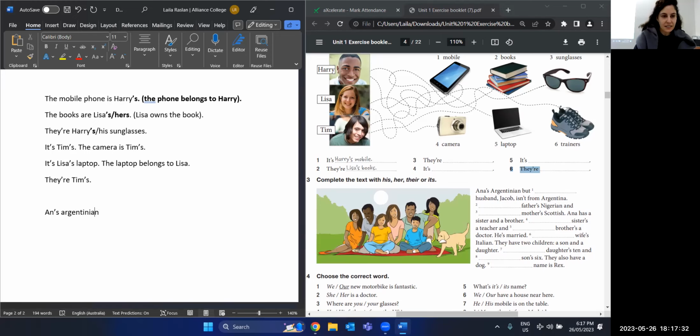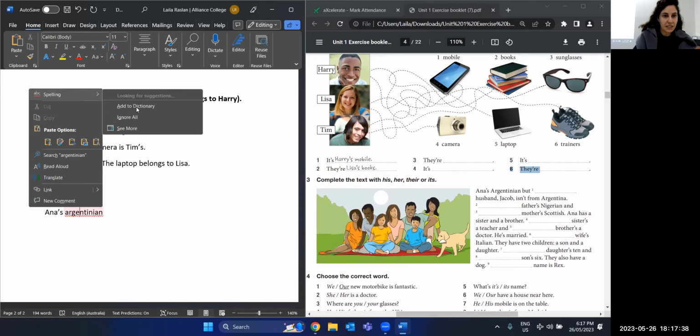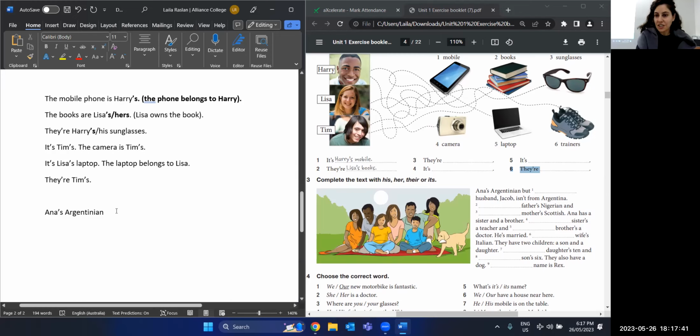So I'll just read that as I'm writing it. If you want, you can repeat after me for pronunciation. Anna's Argentinian, but her husband, Jacob, isn't from Argentina.